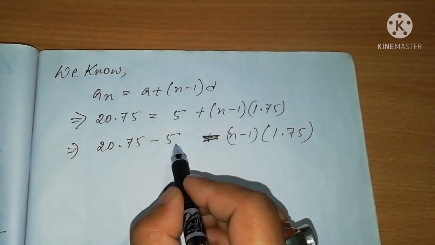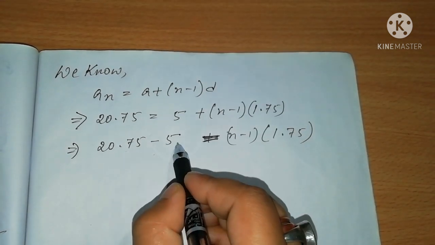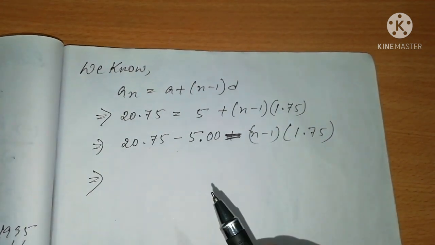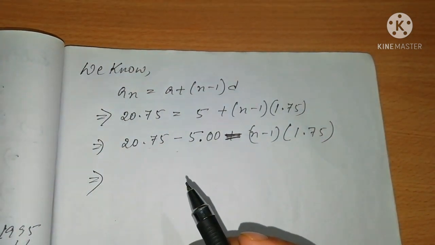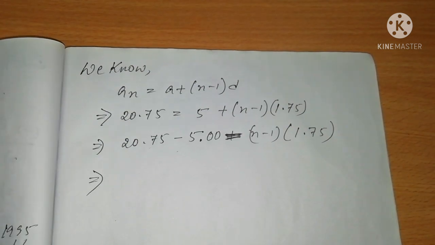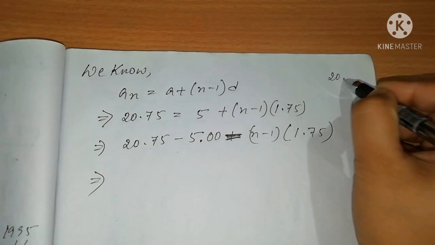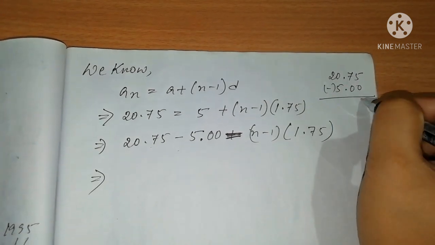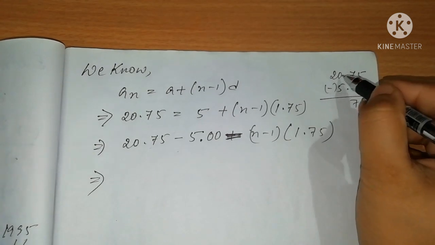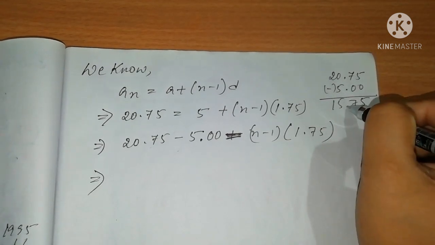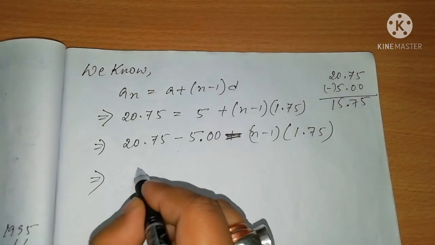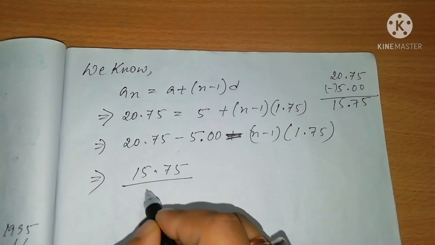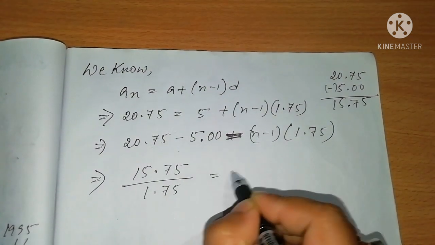Converting this natural number to decimal, 20.75 minus 5.00. 20 minus 5 will be 15, so that will be 15.75 divided by 1.75 equals N minus 1.